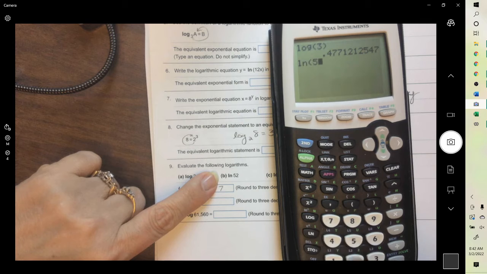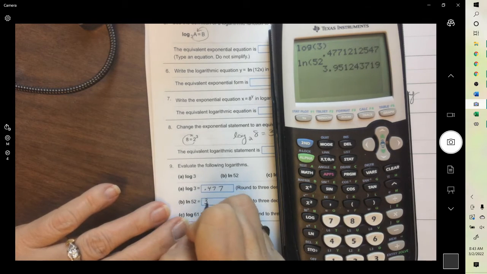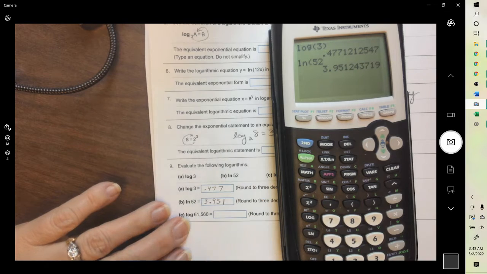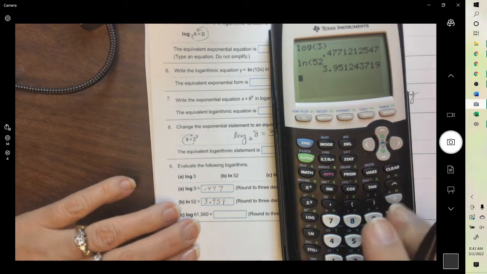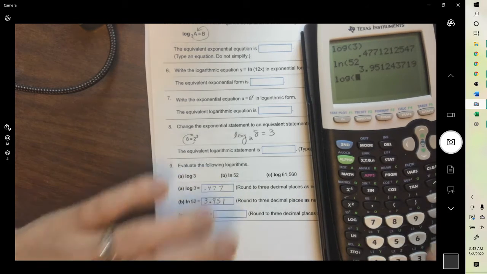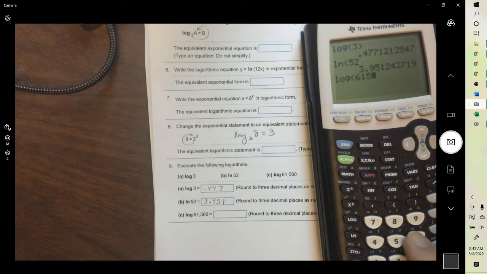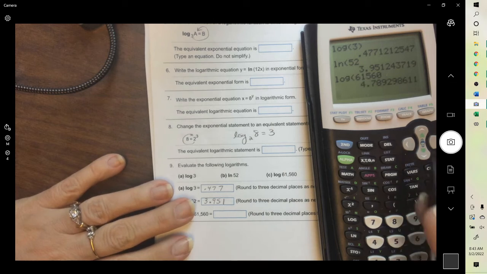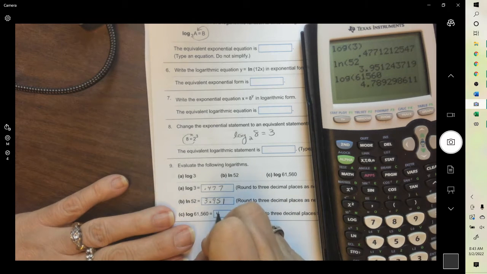Natural log 52. 3.951. And log 61560. 4.789.